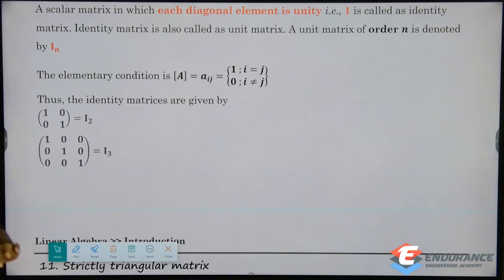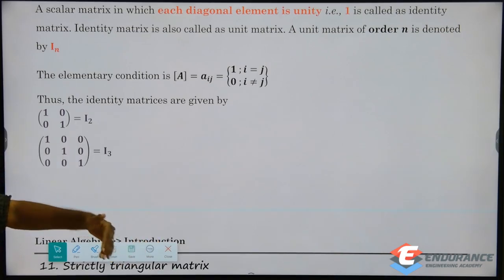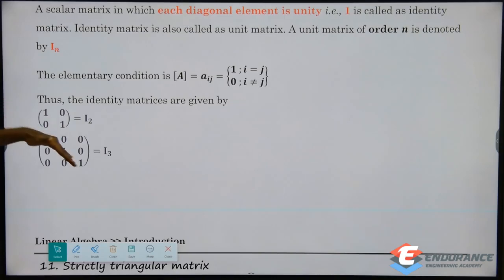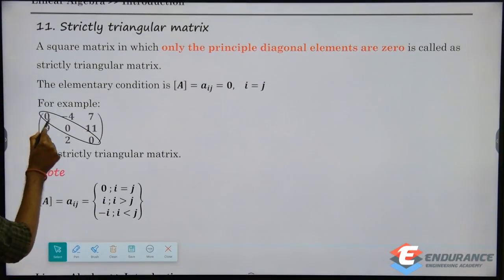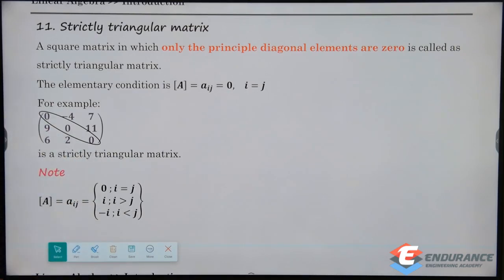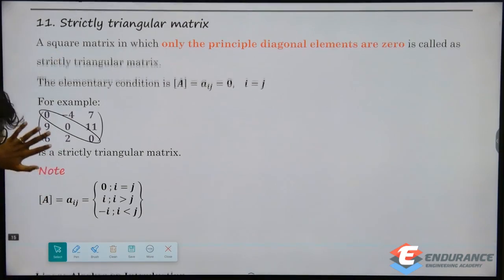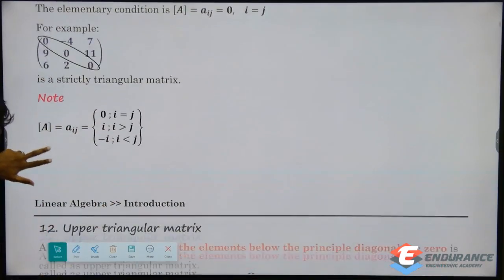Correct. Opposite to that of our diagonal, which means I will be having zeros in my leading diagonal, or principal diagonal. Other than the leading diagonal, all the other elements will be non-zero. Okay, so only zeros will be present in my leading diagonal elements. Other elements will be non-zero if it is a strictly triangular matrix. Okay, elementary condition, as I said, I will come back to it.